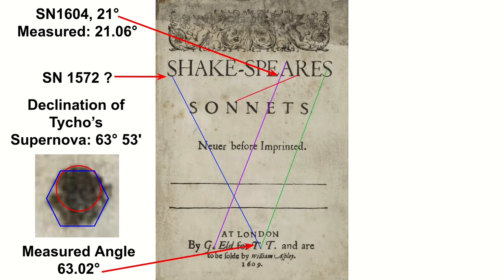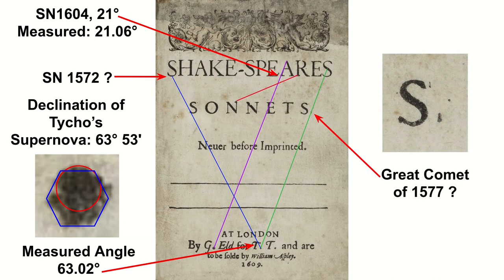He actually got it wrong. It's just over 64, but I don't care, because anybody making this diagram would use 63 53, and so they'd have drawn a line at exactly 63, and this measured angle is 63.02. As I say, I could probably make that a little bit better, which is quite preposterous.